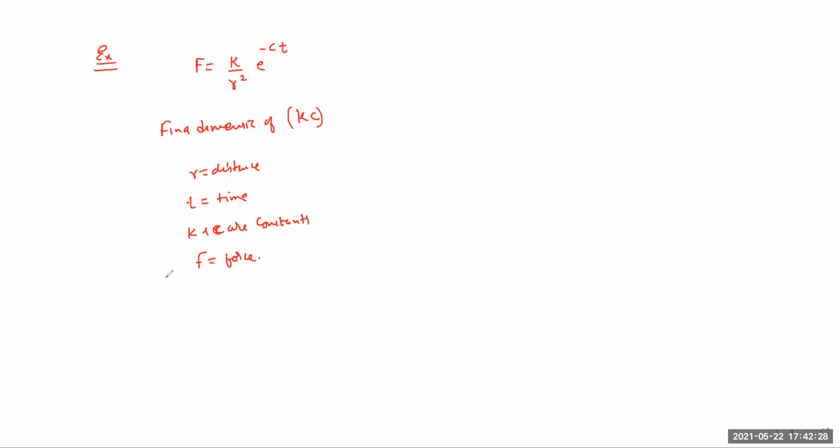Yes, sir. So C will have dimension. That's why I'm asking. So my question is, find the dimension of Kc. You have to find the dimension of K separately, C separately, and then do it. And K is not the power. K is a separate term.